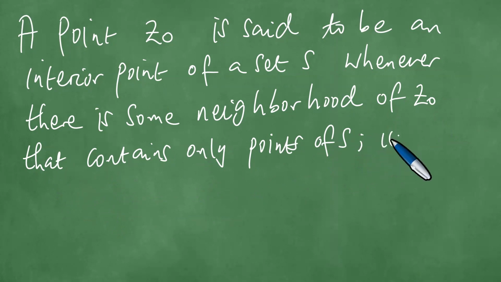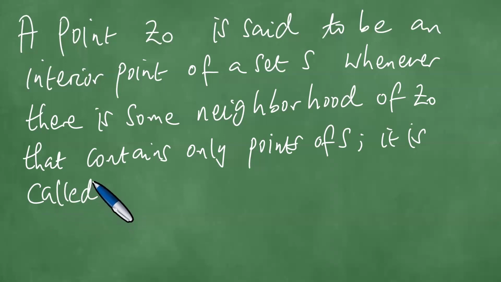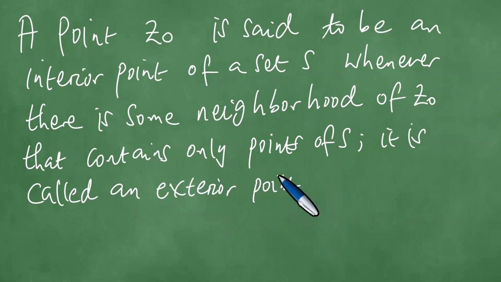It is called an exterior point of S when there exists a neighborhood of it containing no points of S. I'm looking at these definitions because they are very important. I shall be using them, but also they are very examinable.